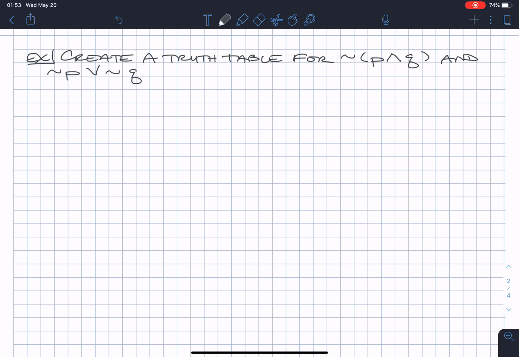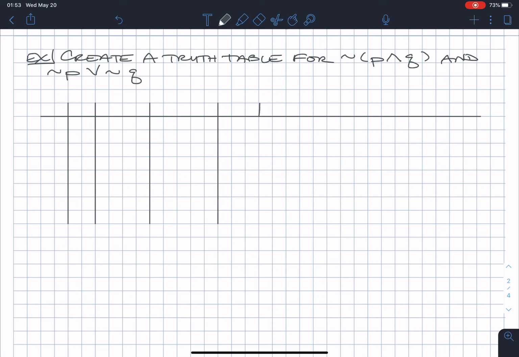Okay, so once again, I always like to start, we're going to have a lot of these guys. So P, Q, P and Q, not (P and Q).